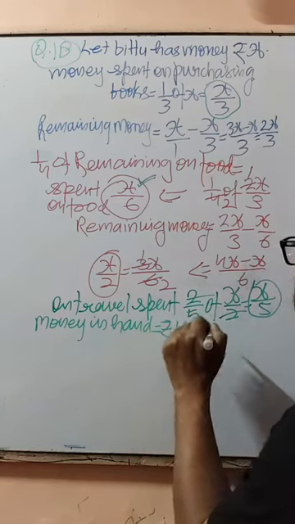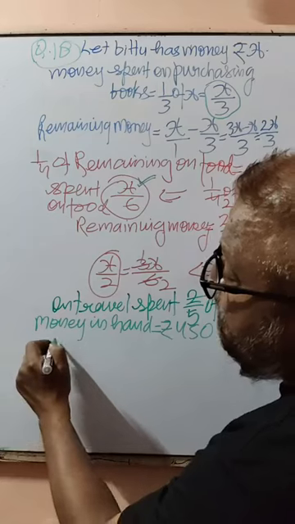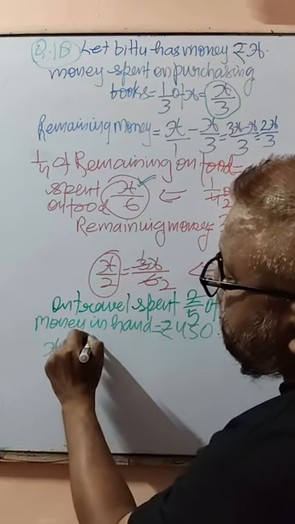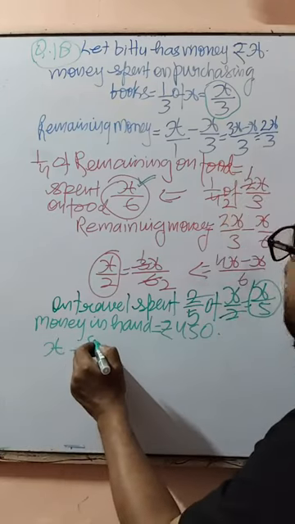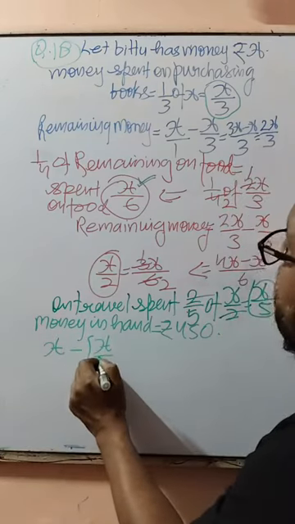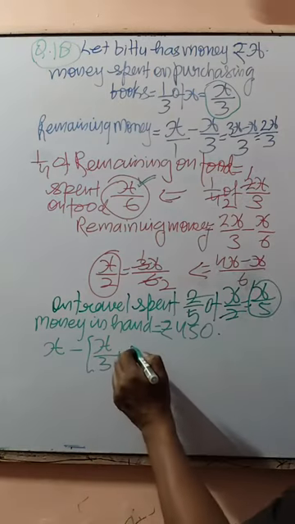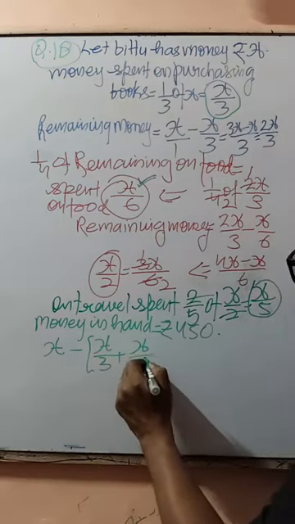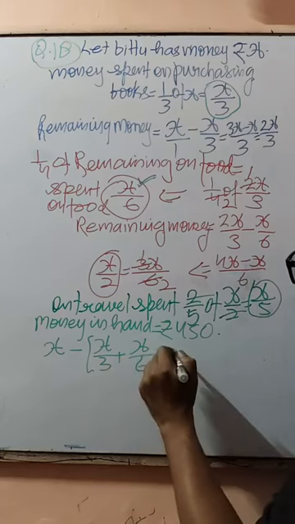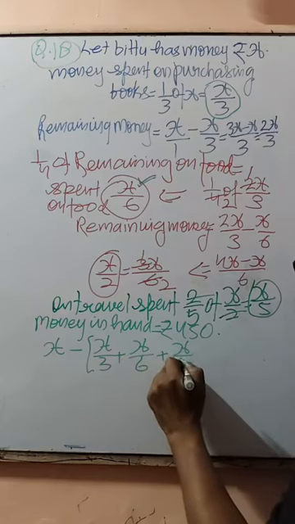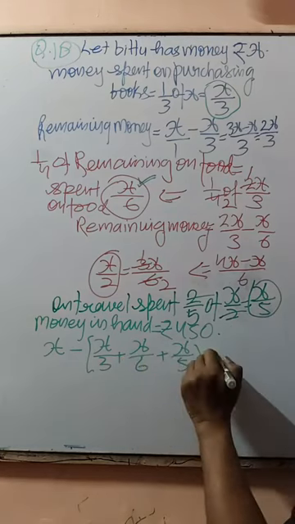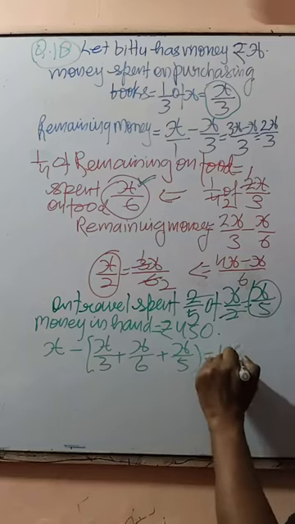So we can write x minus x upon 3 plus x upon 6 plus x upon 5 is equal to 450.